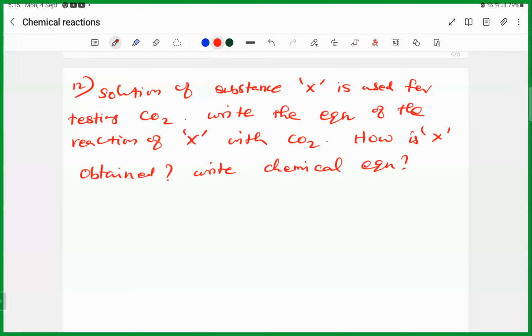Sir, for testing carbon dioxide, X is calcium hydroxide. Very good. How does it react with carbon dioxide?